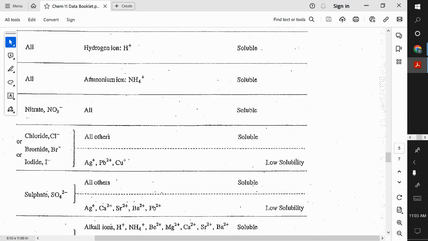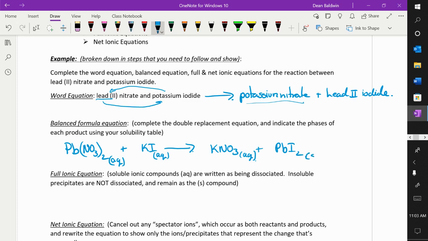With everything, it's soluble except for silver, lead 2, and copper 1. Okay? So it's low solubility. That means we're going to put a solid there. That's our precipitate. This is pretty much the exact reaction I did with you guys. Yeah, I know. That was the next thing I was going to do.